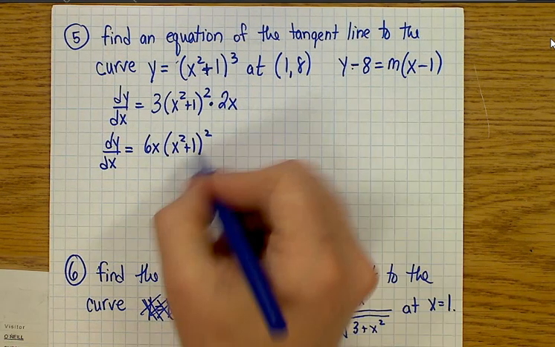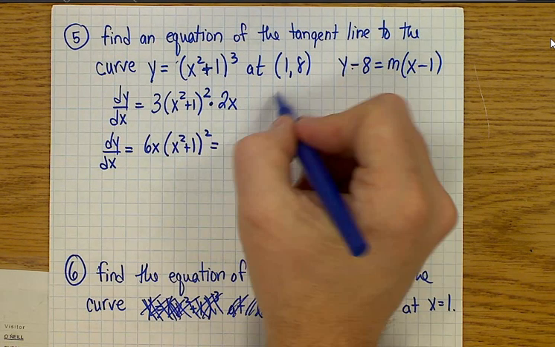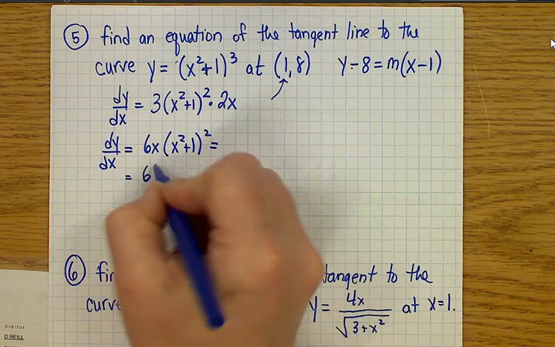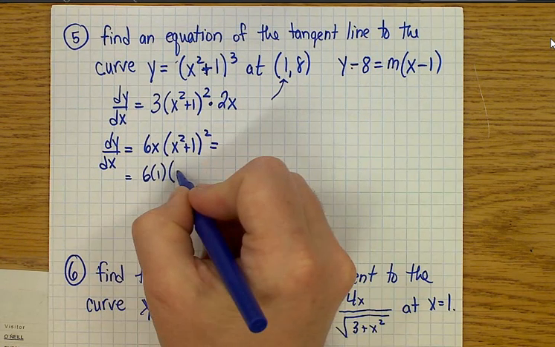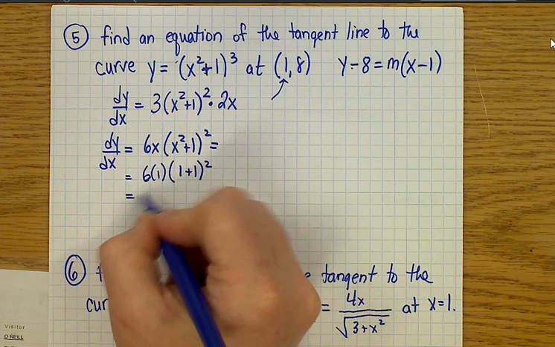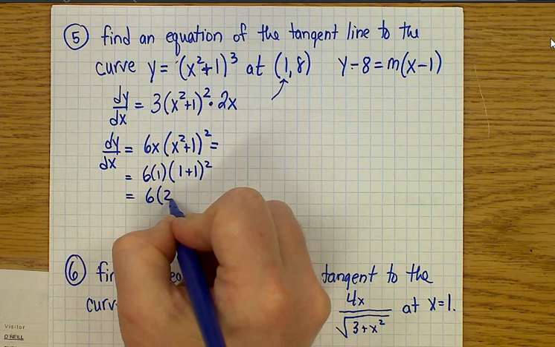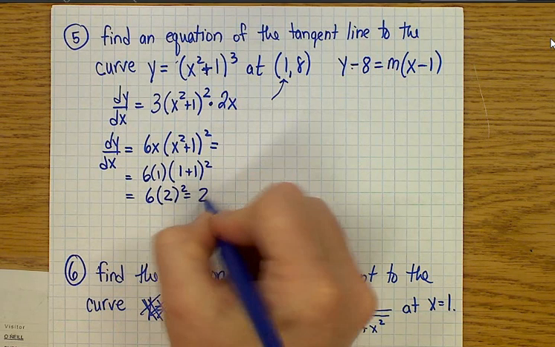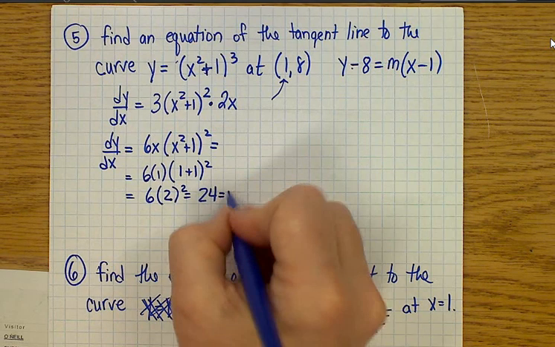Now we want this value when x is equal to 1. So this is going to become 6 times 1 times 1 squared plus 1 squared. So this is going to be 6 times 2 squared, which is 24. So this is my m.